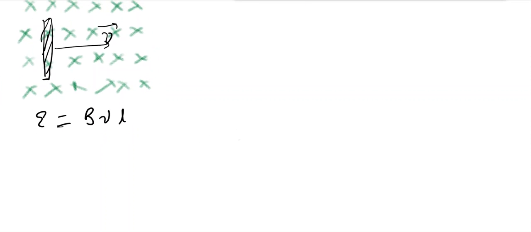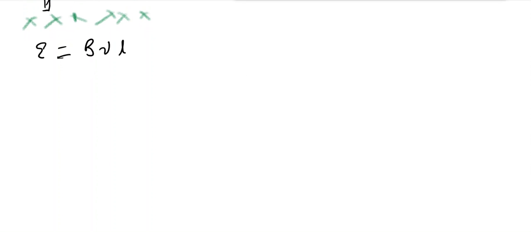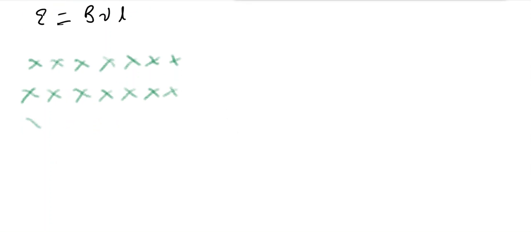Now what will happen if I change the situation slightly? Suppose I have the same magnetic field, but the way I move the rod is changed. Now I will move the rod in such a way that one end is fixed and the other end is allowed to move.